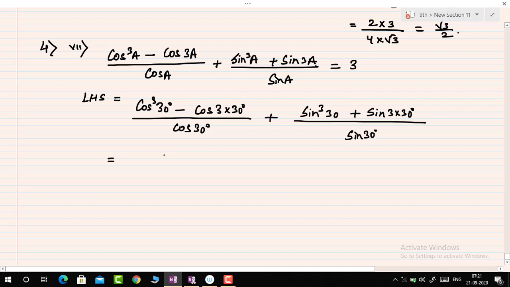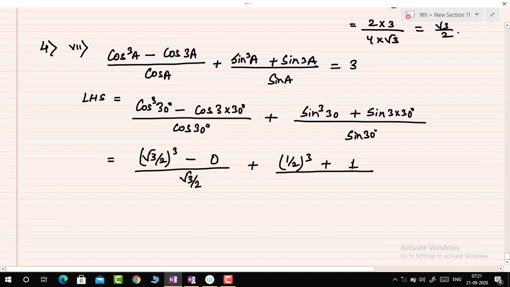It equals, we know that cos 30 is equal to sin 60, so it is root 3 upon 2 whole cube minus cos 90, which is equal to sin 0, that is equal to 0, upon cos 30, which is sin 60, root 3 by 2, plus sin 30 is 1 upon 2 whole cube plus sin 90, which is equal to 1, upon sin 30 is 1 by 2.